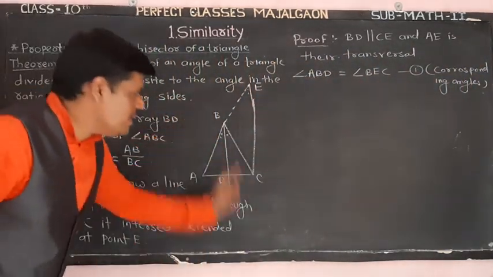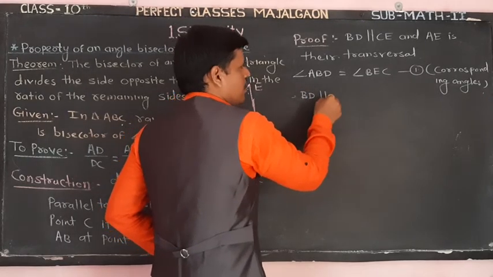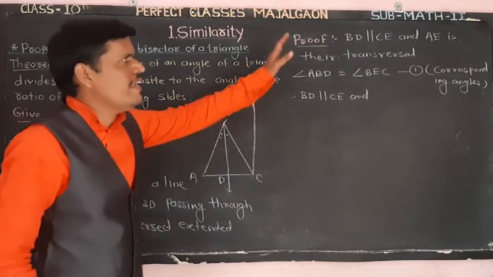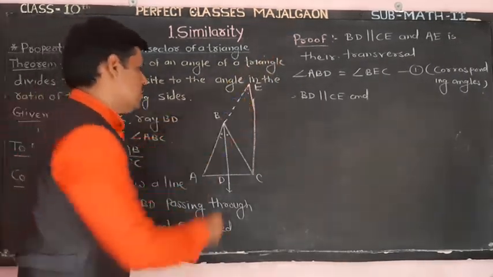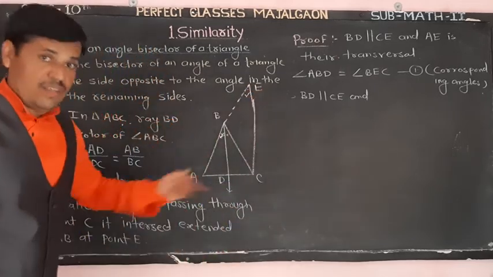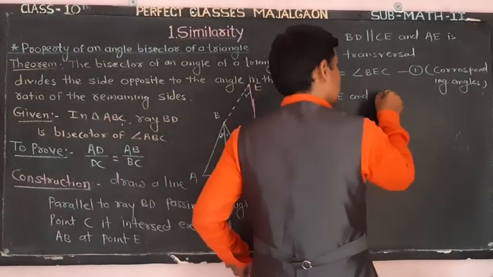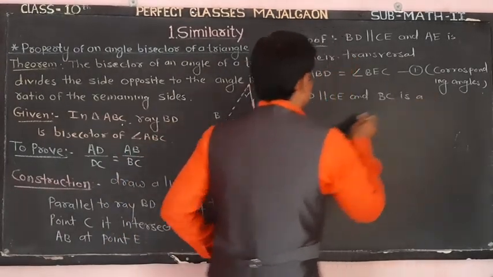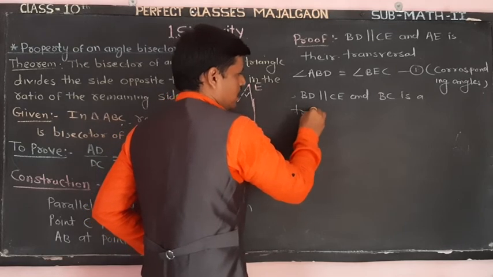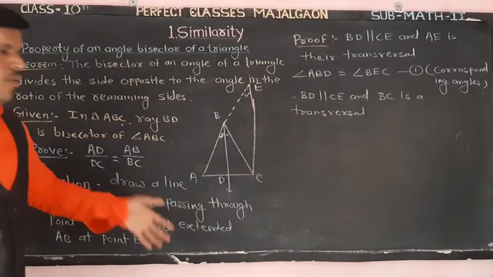Now take BC as a transversal, with BD parallel to CE. Earlier we took AE as the transversal, and those two angles were corresponding angles. Now with BC as the transversal, we see which two angles.